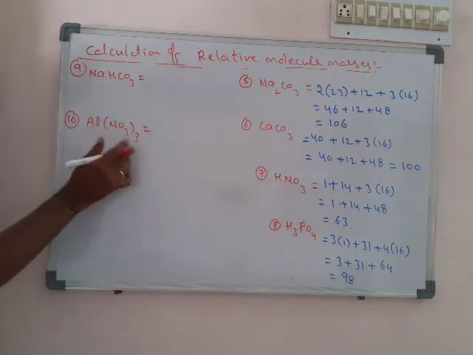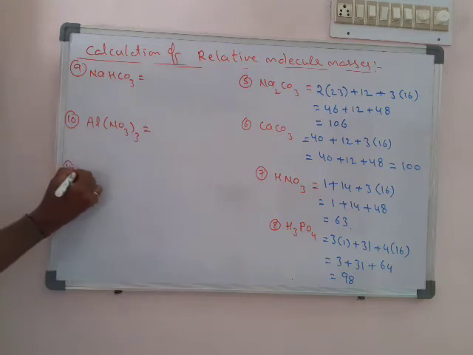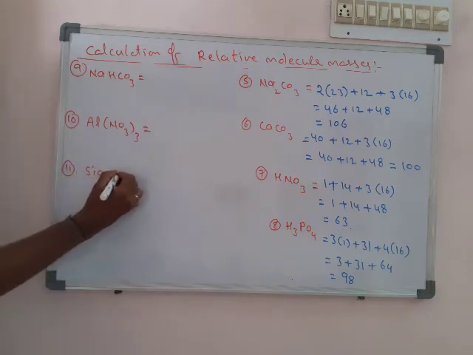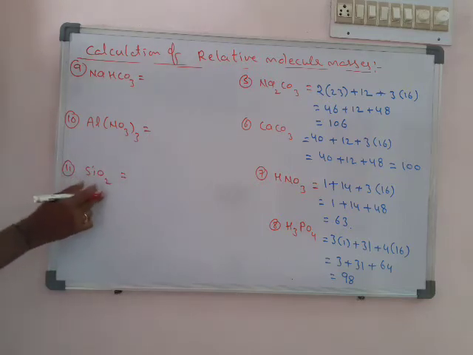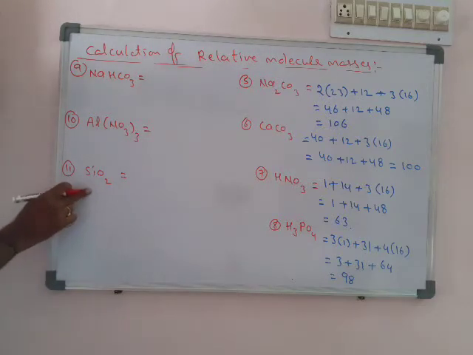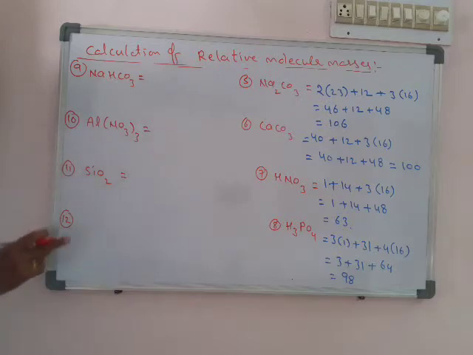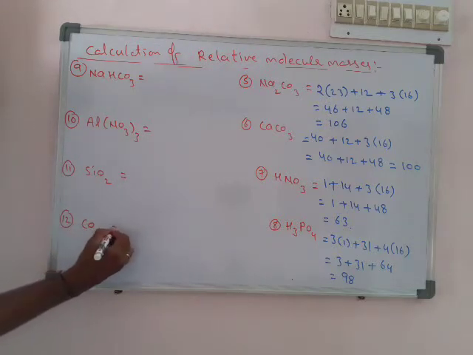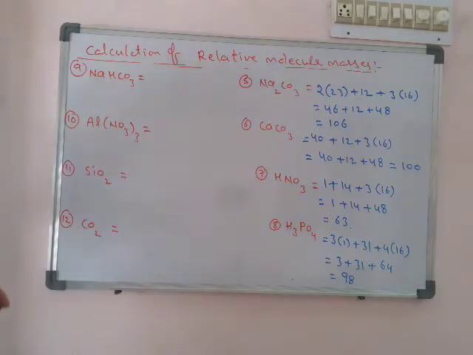Aluminium nitrate. Silicon dioxide, SiO2. This is silicon dioxide. So what is the common name of this? Okay, you need to know the common names also. Okay, next carbon dioxide. Okay, now do it.